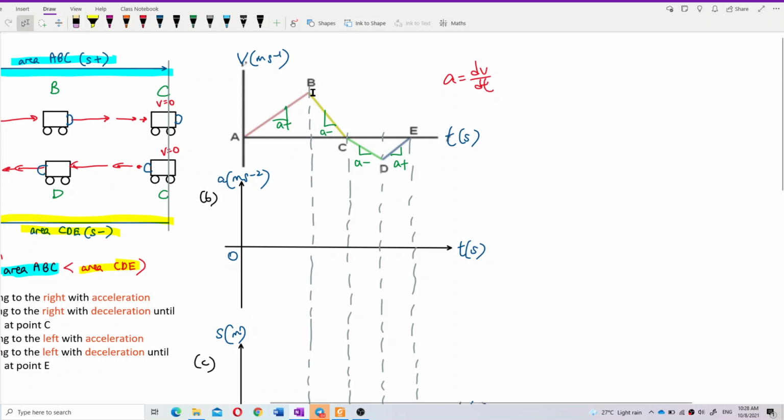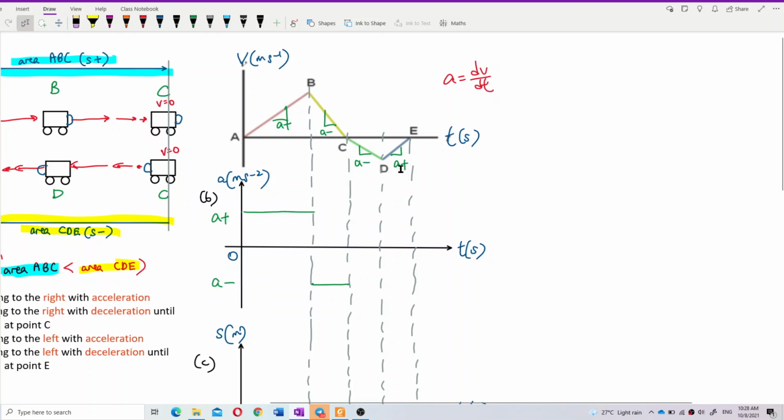So A and B are positive. For the acceleration time graph, the graph on top is positive acceleration, and the graph below is negative acceleration.